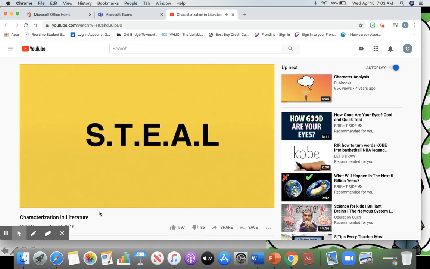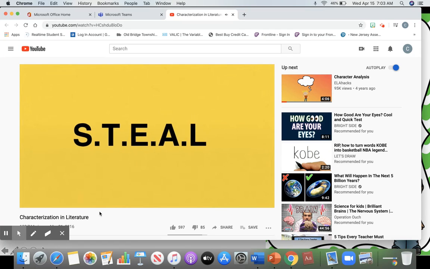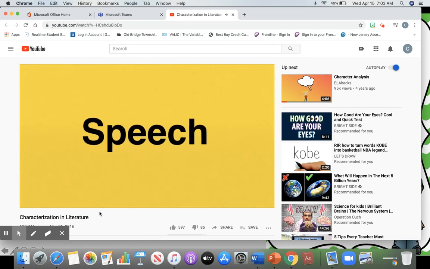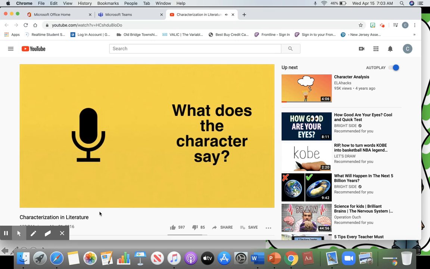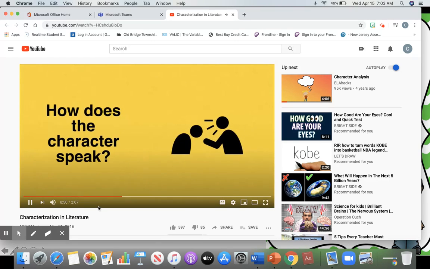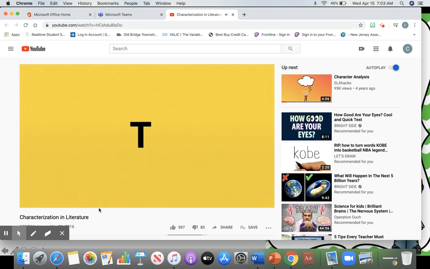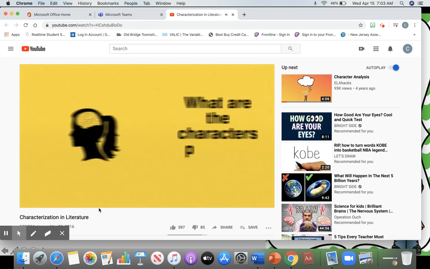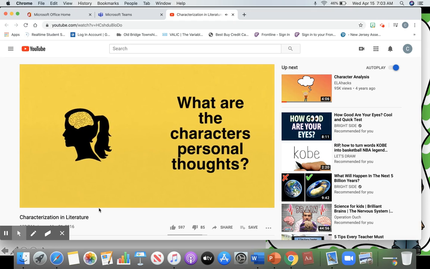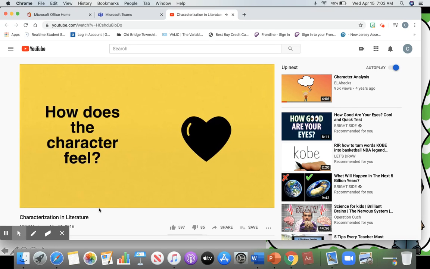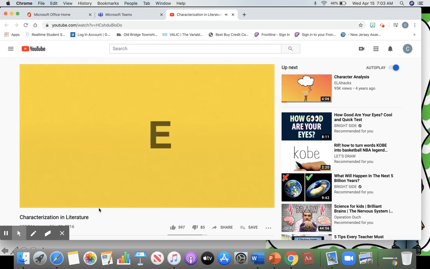When you want to better understand a character, use the acronym STEAL to help you. S stands for speech. Think about what the character says and how the character speaks. T stands for thoughts. Consider the character's personal thoughts and think about how the character is feeling. E stands for effect on others.